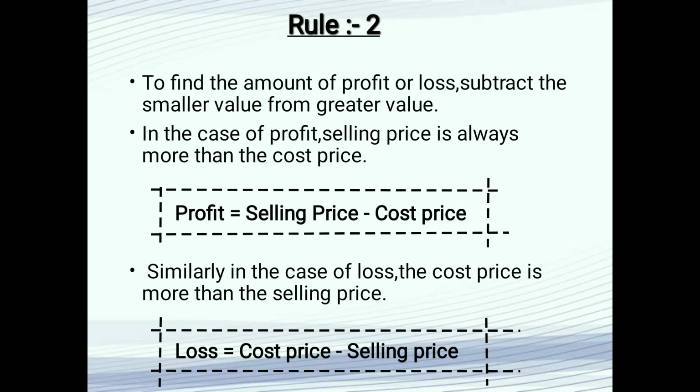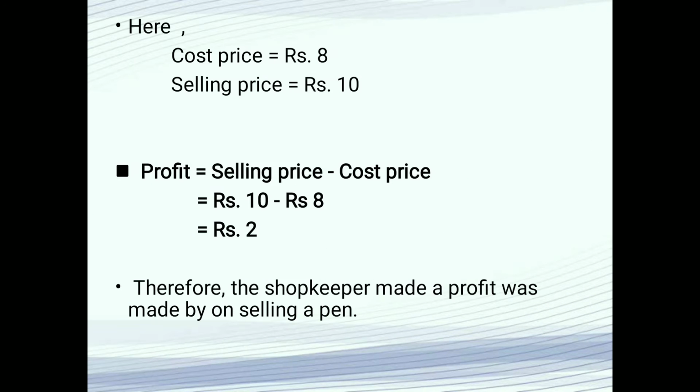So we can write loss equals cost price minus selling price. Here cost price is equal to 8 rupees and selling price is equal to 10 rupees. So we get profit equals selling price minus cost price, 10 minus 8, equals rupees 2. Therefore the shopkeeper made a profit of 2 rupees on selling a pen.